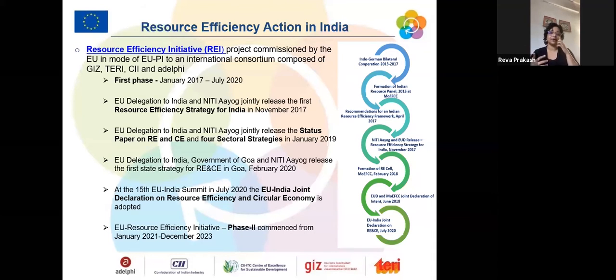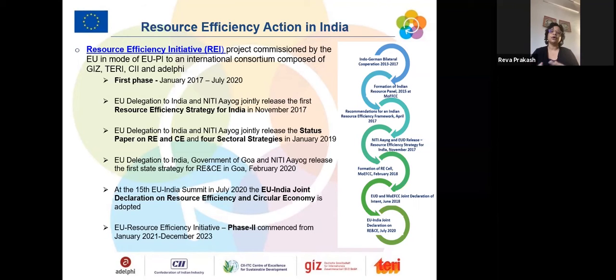And so all of this together then led to the EU and India talking about what it is that they can do together, what kind of partnership they can think about to drive this agenda forward. So the EU internationally is also an important actor when it comes to setting the conversation on resource efficiency and circular economy in motion. And many of its member states have resource efficiency programs or circular economy programs. 2 of these are Germany and Netherlands, and Denmark, Sweden, and the Nordic countries also have their own set of actions, and Belgium and its municipalities are also doing a lot of action.